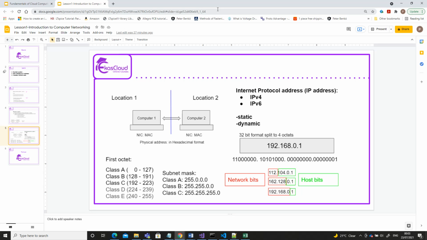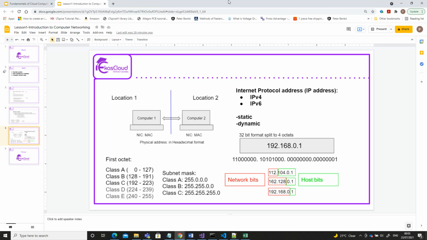So the IP address looks like four numbers. Basically, if we express it in the binary system, then those four numbers are actually creating a 32-bit format number split in 4 octets.